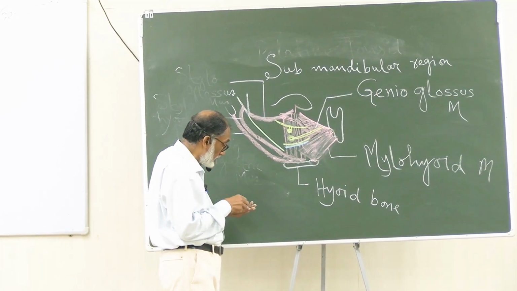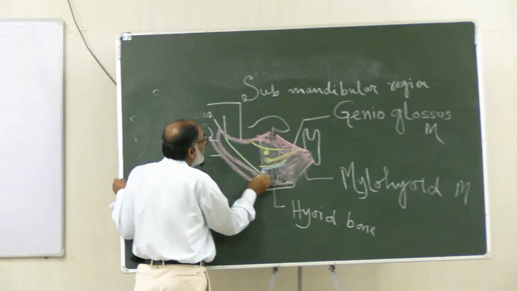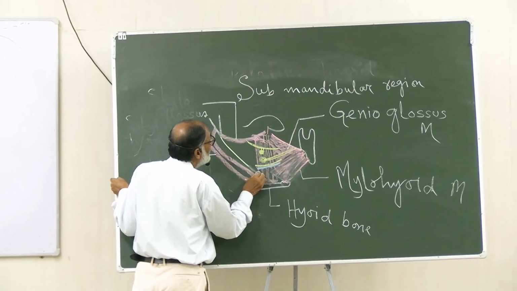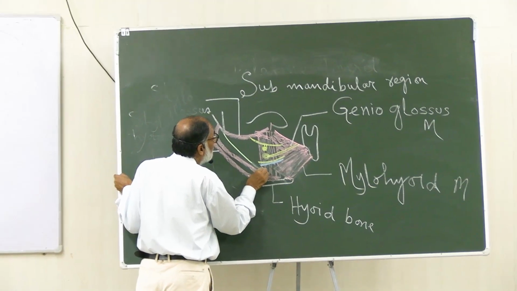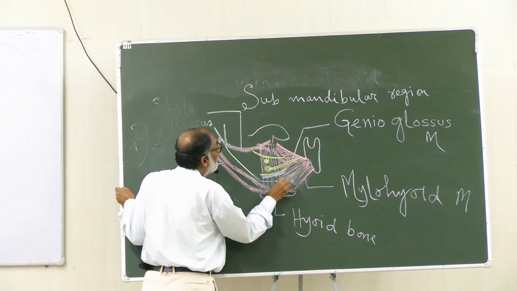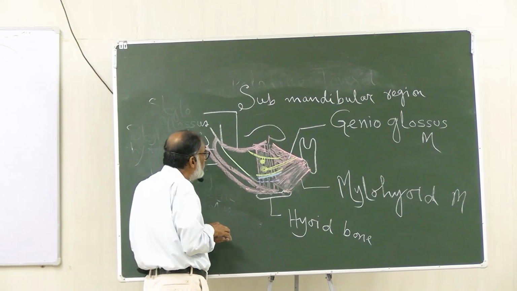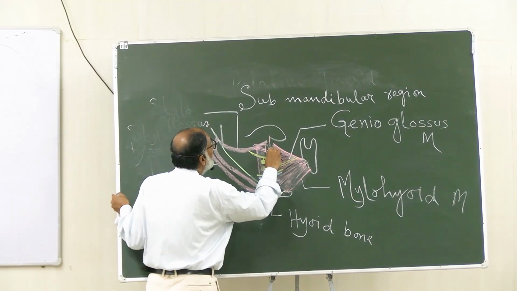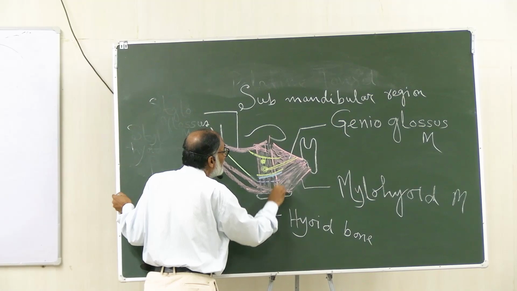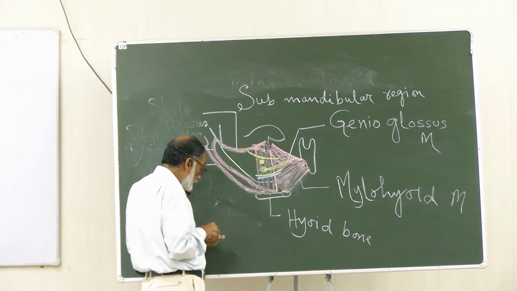Dotted lines mean it lies deep. Here lies the lingual artery.